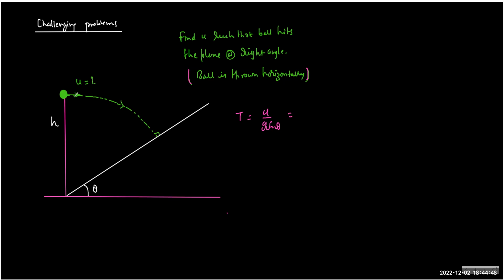So what you can do is draw a line parallel to the plane here itself. And then draw a line perpendicular to this.